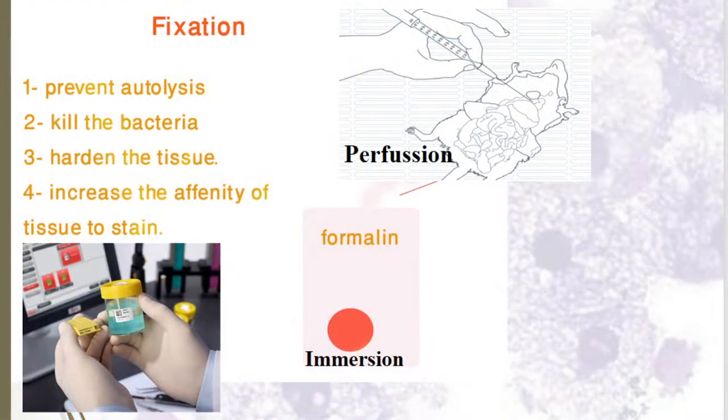And how we do this is fixation. First of all, there is perfusion, when we use a special injection of formalin inside the organ. For example, perfusion of the lung, maybe perfusion of the heart.